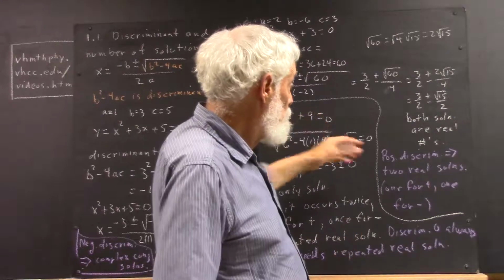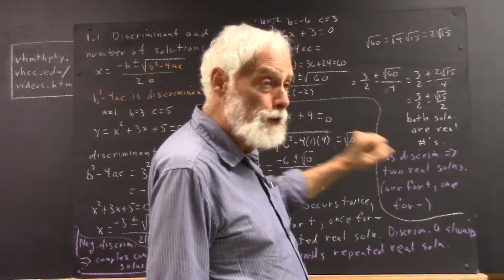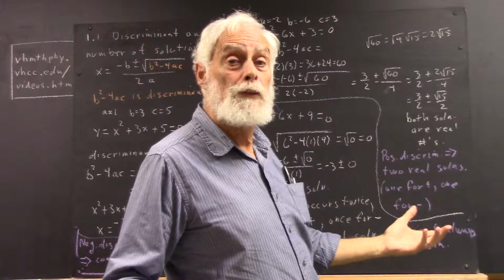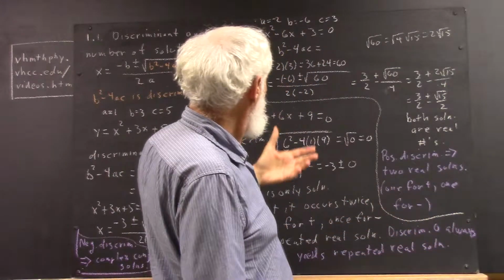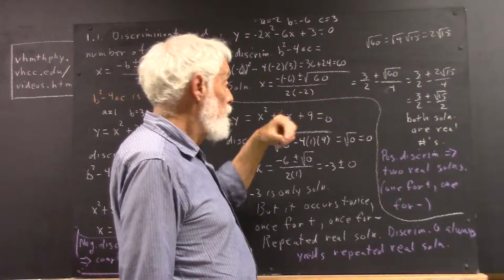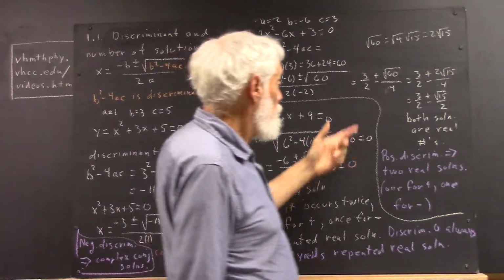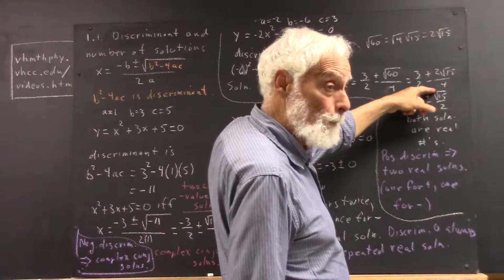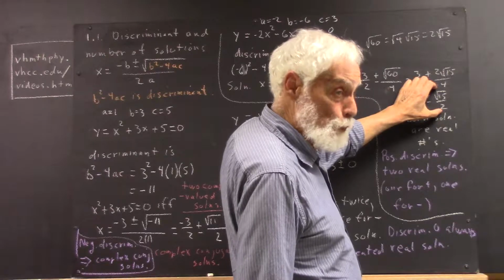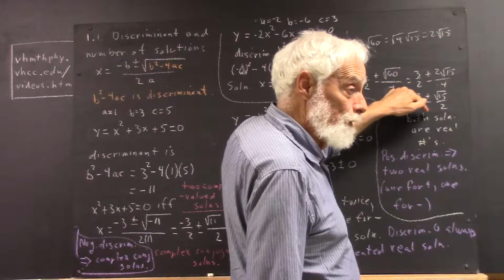Now that's the whole solution, but what the discriminant is really going to tell us is how many solutions we have. Well, if the discriminant is positive, we're always going to have a positive number under this square root, which means we're always going to have a positive number here. So this is always going to be some real number. If we plus it, we get one result.